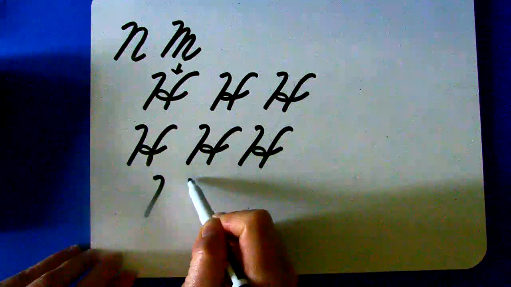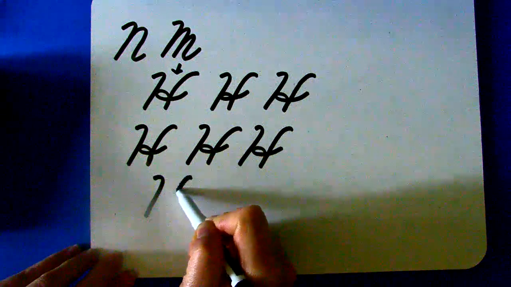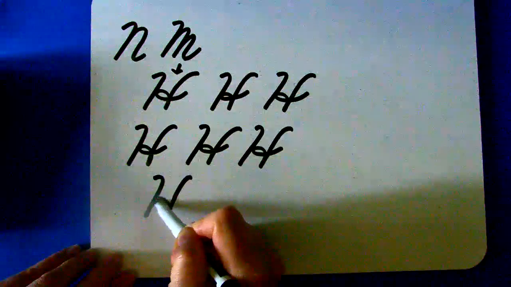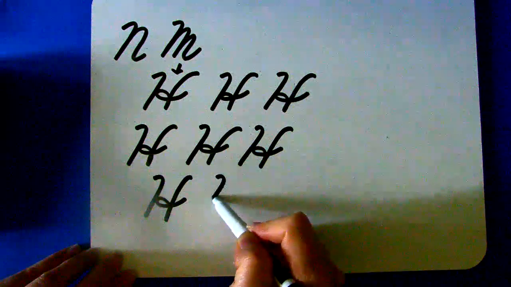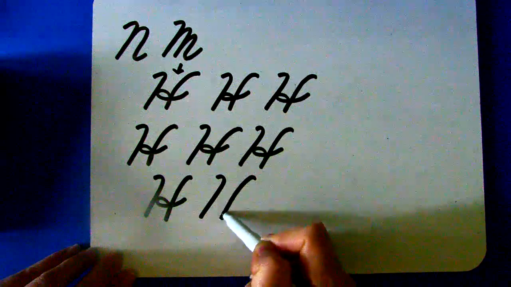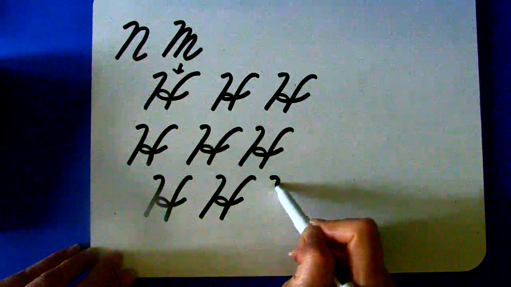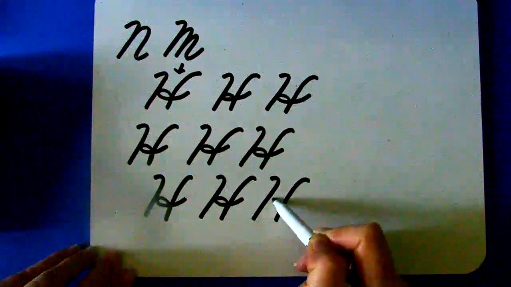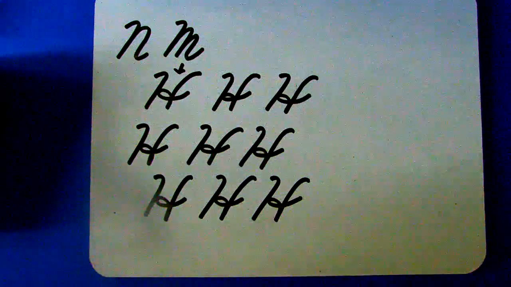You take your pencil off the page, put your pencil at the top, curve back, retrace your steps up, make a loop, and an undercurve. Curve forward, pull back, pencil off the page, curve back, up, loop, undercurve. Curve forward, pull back, up, loop, undercurve. That is your uppercase H.